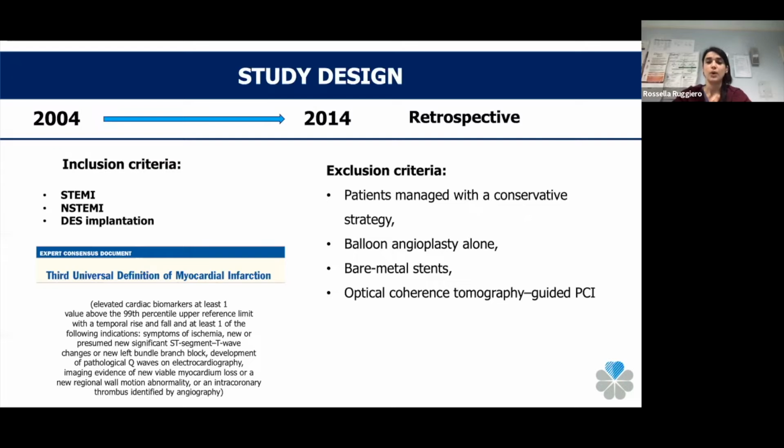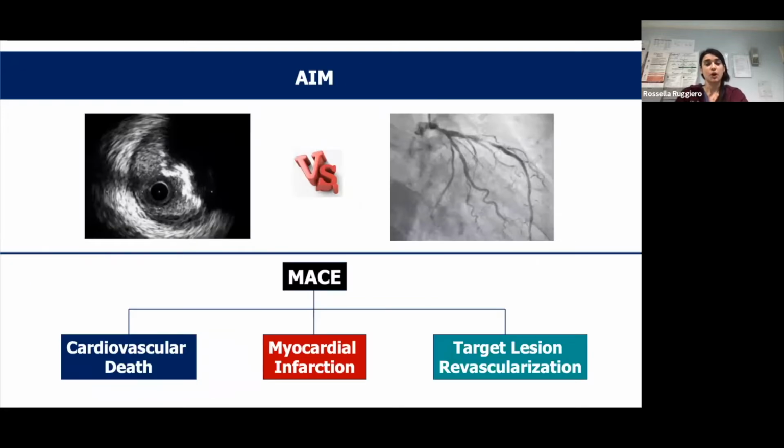Exclusion criteria were the conservative strategy, balloon angioplasty alone, implantation of bare metal stent, and OCT-guided PCI. The aim of this paper is to evaluate IVUS-guided PCI versus angiography-guided PCI in terms of occurrence of MACE, defined as cardiovascular death, myocardial infarction, and target lesion revascularization.